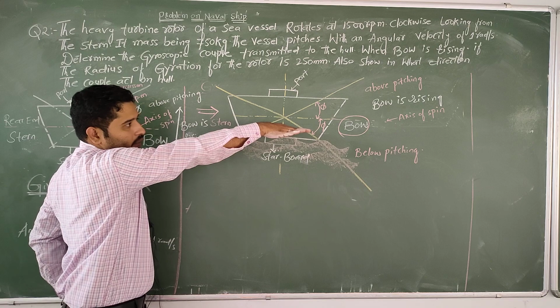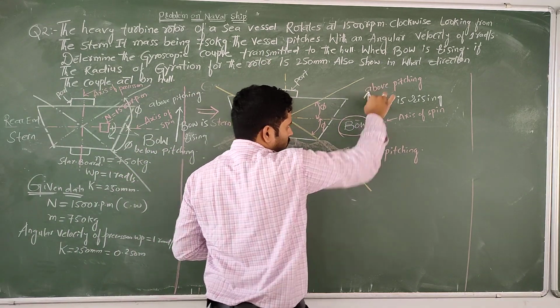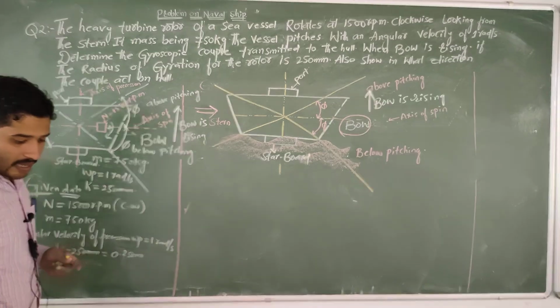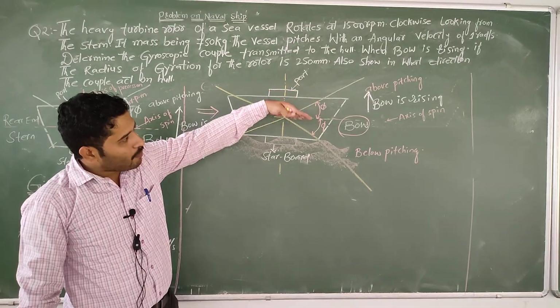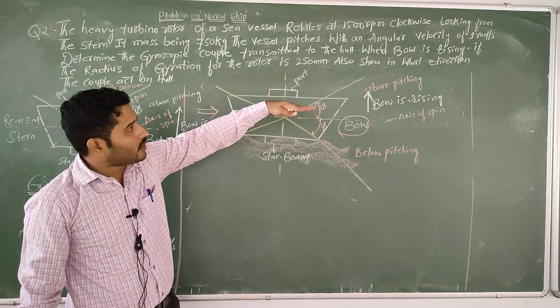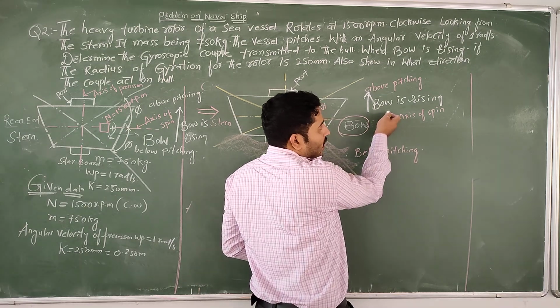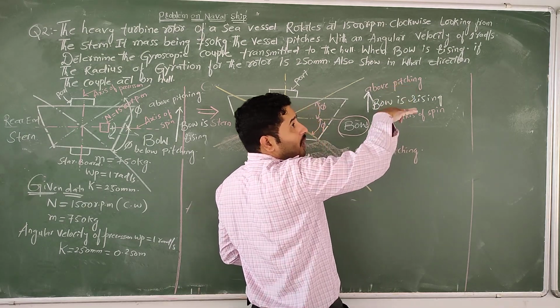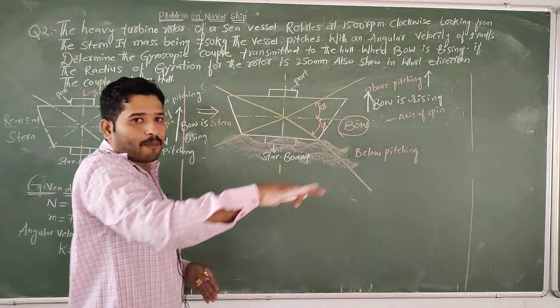Then in this case, what happened? If the bow is rising, the pitching is also acting in an upward direction above the axis. If the bow is rising, the pitching will be upward, is it right? The pitching will be upward.